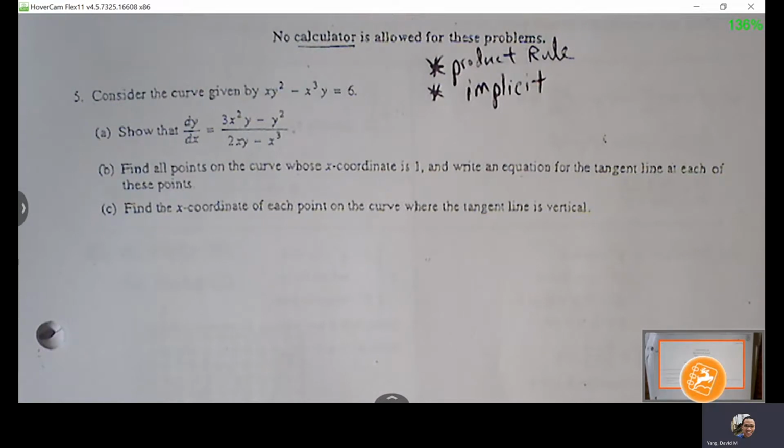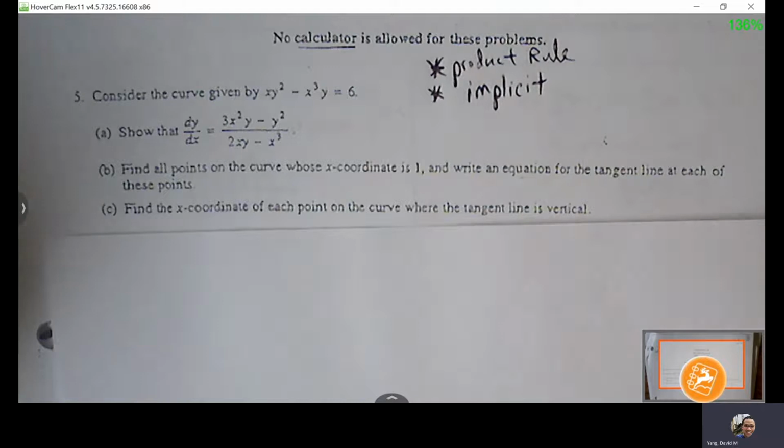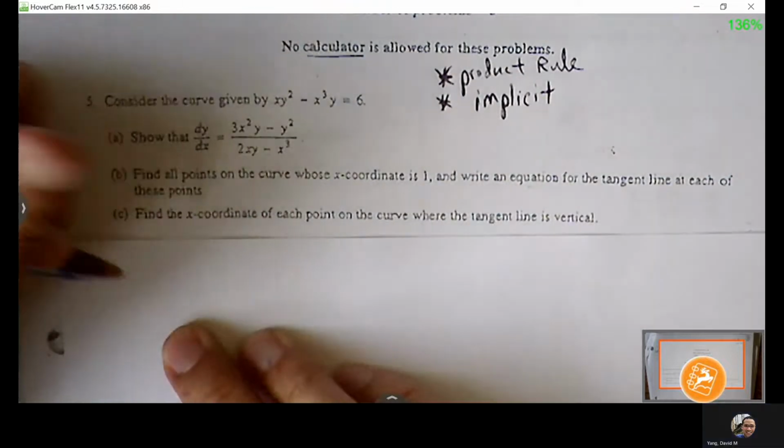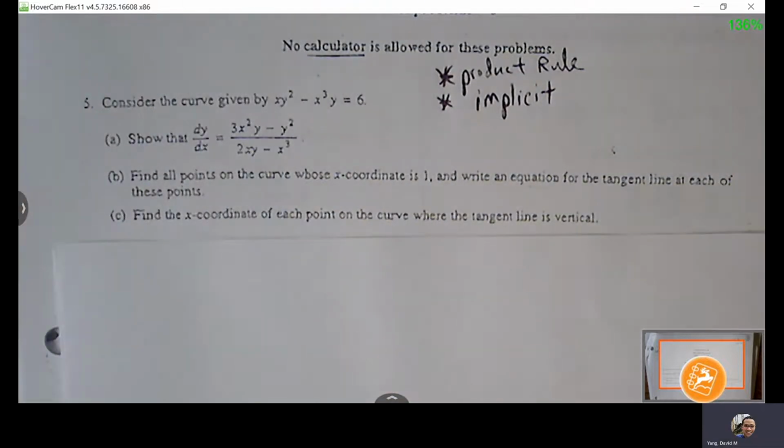How many times do we have to involve product rule? Twice, right? We see two sets of pairs of variables put together. For this one over here, with the product rule, is it negative x cubed, or do we just distribute that after? It's up to you.